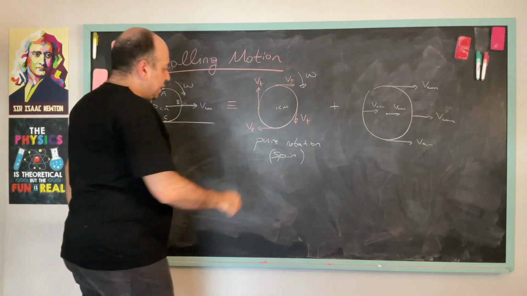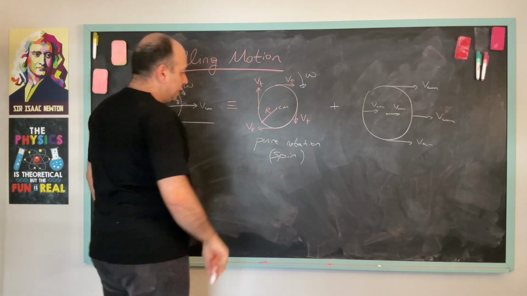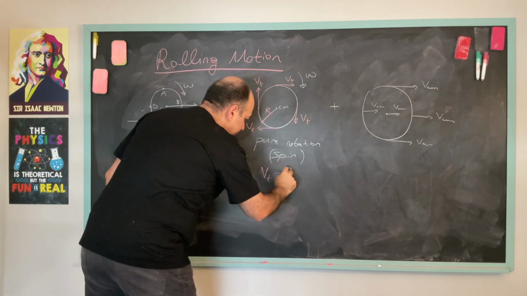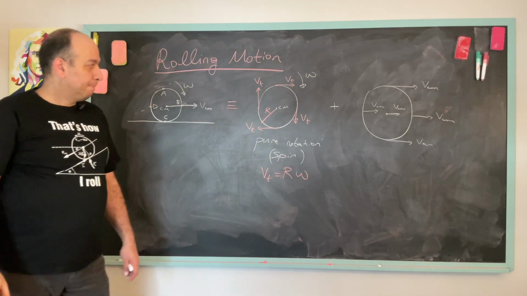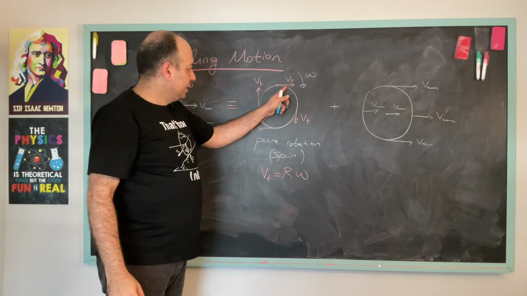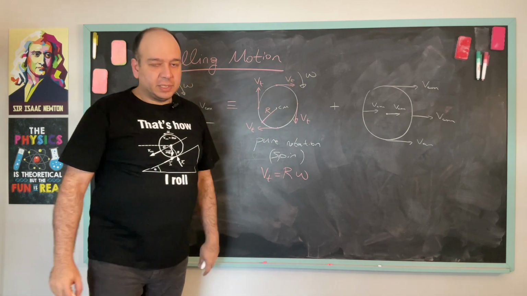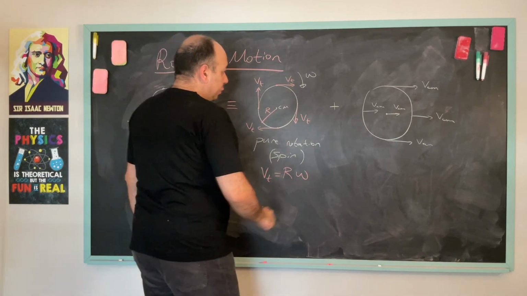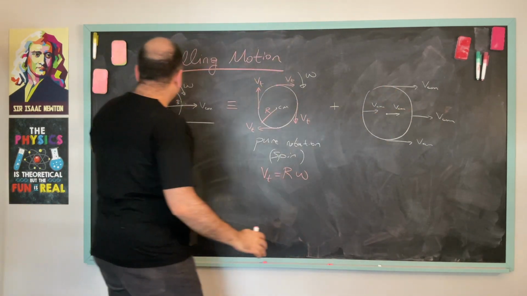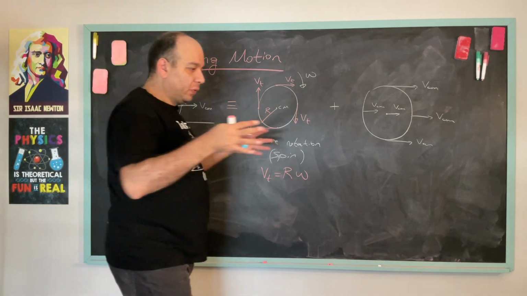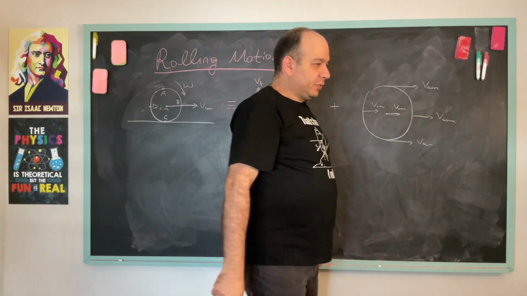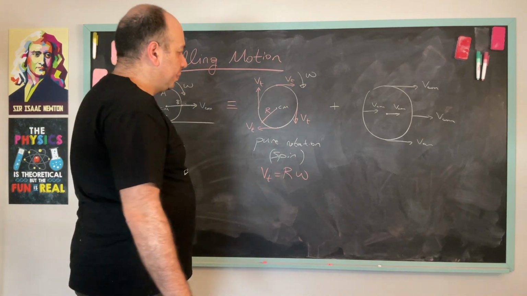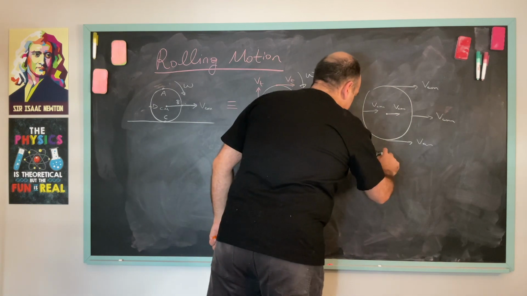And from the rotation chapter, what we know is if this radius is r, the tangential speed will have the magnitude r times omega. Okay, this tangential speed is related to this omega. This is pure rotation. And we already showed that all these points, A, B, C, and D, are also moving forward with the same center of mass velocity. And that's only the translation part. So we call it translation.